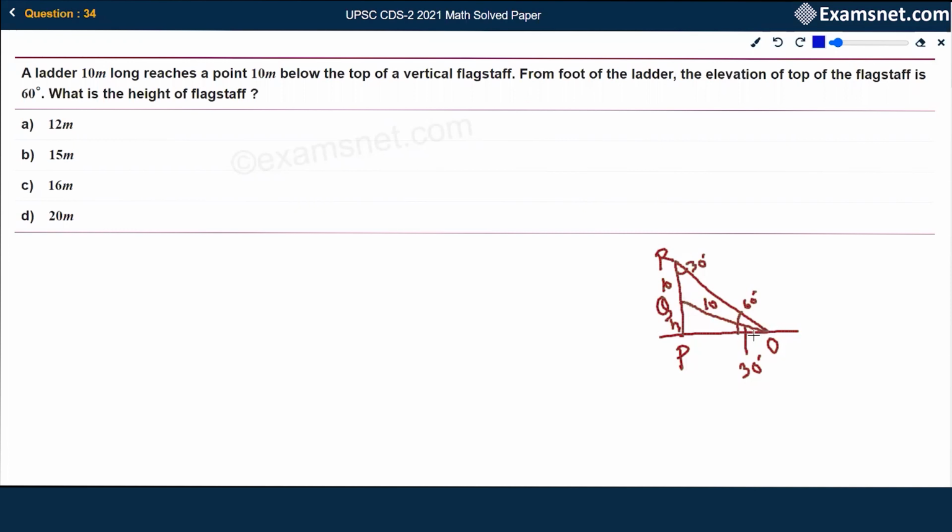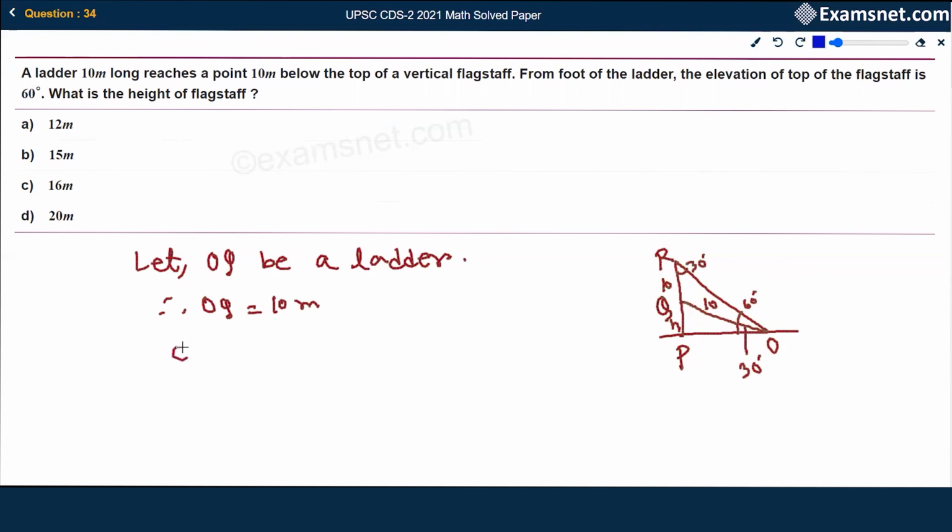As we can see here, OQ is the ladder. Let OQ be a ladder. I have already done the drawing. We know the ladder is 10 meter long, so OQ is 10 meter. Next, part of the flagstaff, QR, is 10 meter, because it's given that the ladder reaches a point 10 meter below the top of a vertical flagstaff.